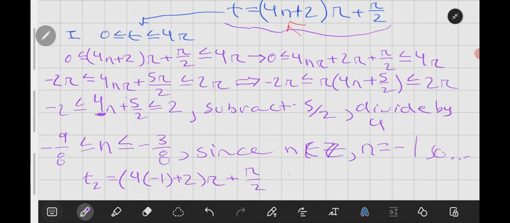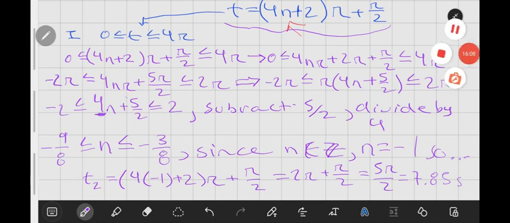And when we evaluate this, we get 2 pi plus pi over 2 is equal to 5 pi over 2, which is just equal to 7.85 seconds. And that is the answer for part B of our question.